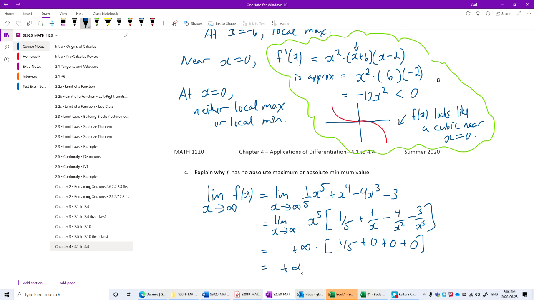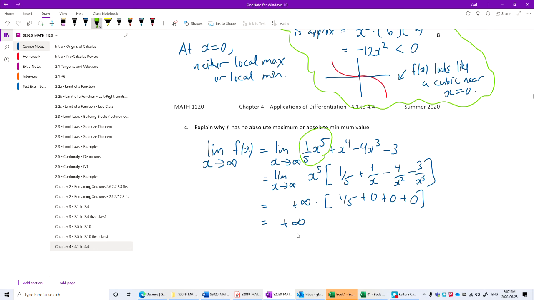So I end up with plus infinity. All that's saying is that this first term is all that really matters. So that's called the leading term. Because it's the highest power, it causes f of x to go to infinity as x goes to infinity.